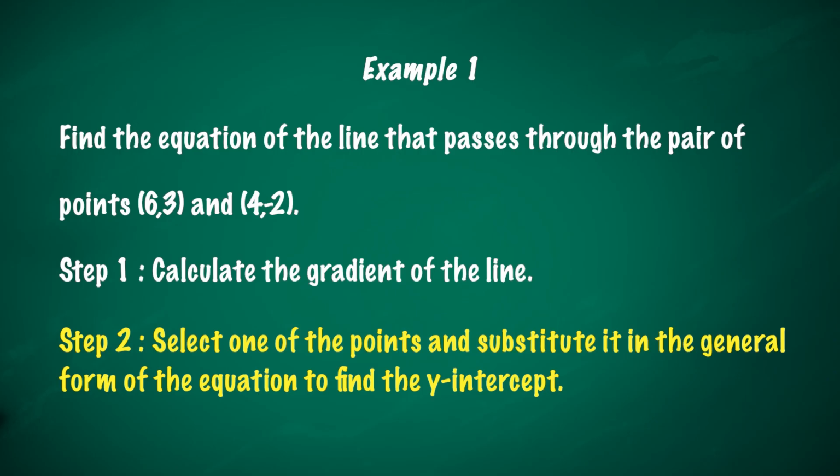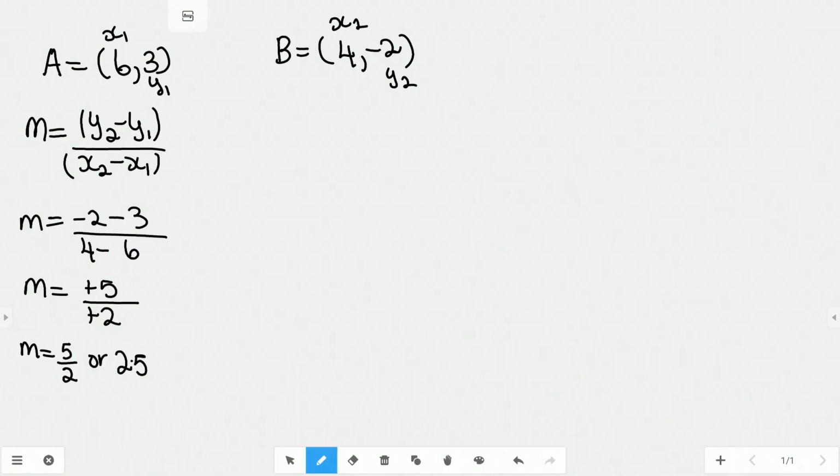After we would have calculated the gradient, the second step in order for us to identify the equation of this line is to select one of the points and substitute it into the general form of the equation to find the y-intercept. Remember, the general form of the equation is y equals mx plus c. So when we select any one of the points, remember the points are written in the form x, y, so we would already have our y value, we would already have our x value.